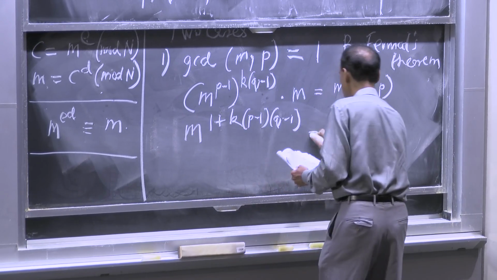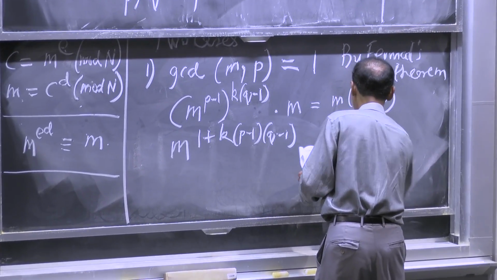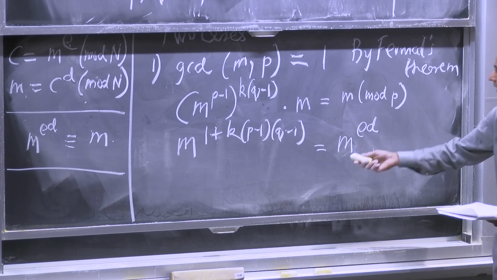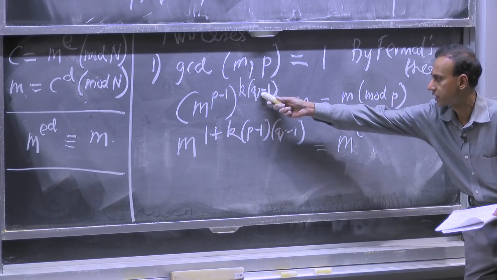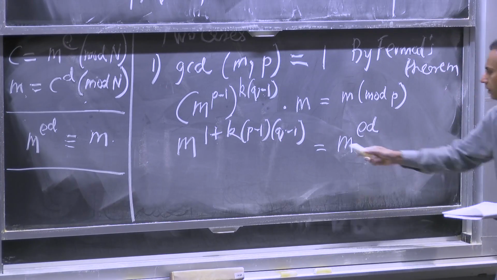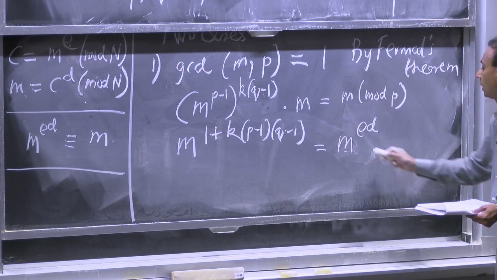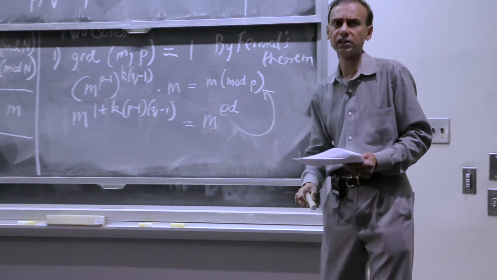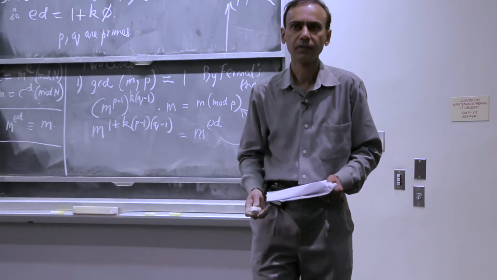And that, of course, is exactly m raised to ed, right? And so what I've done here is this, because it's 1 times m is clearly m, but if I look at this is m raised to ed, so that's clearly m, right? That's it.